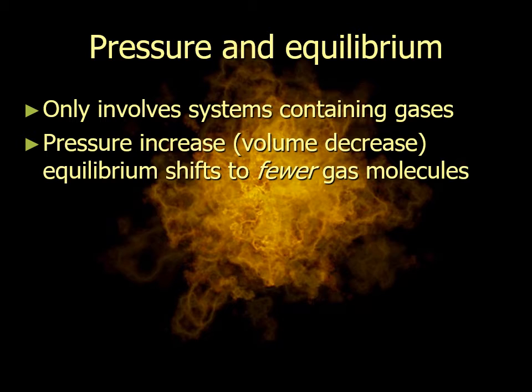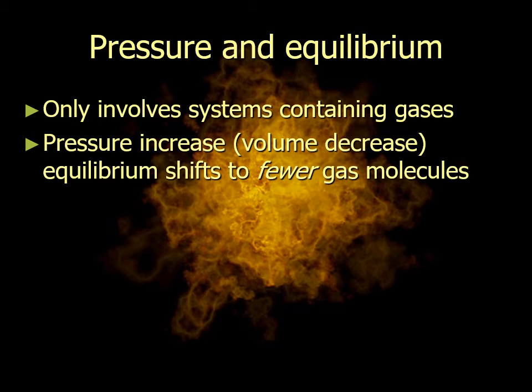If the pressure increases, and it can also be written as volume decreases, when we get to talk about gas laws, we're going to learn that pressure and volume are inversely related, i.e. if one goes up, the other must go down. So under a pressure increase, the equilibrium will shift to make fewer gas molecules because fewer gas molecules exert less pressure.